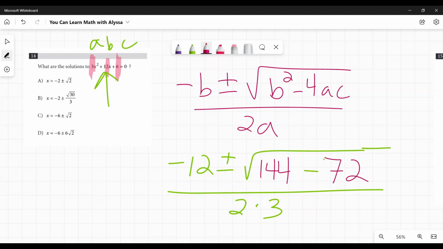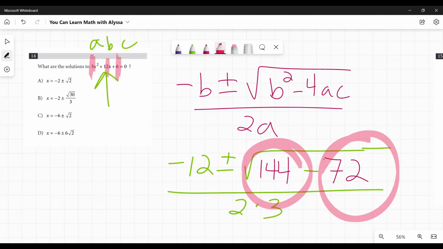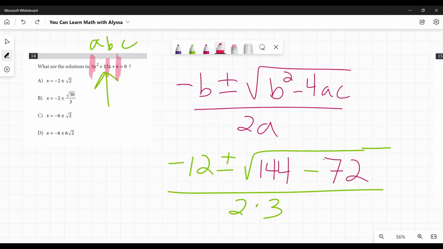Okay, so 144 minus 72. Since this is a little shortcut here, this is 12 times 12, and this is 12 times 6. So if you subtract them, it's going to be 12 times 6, because 12 times 6 times 2 would equal 12 times 12. So 144 minus 72 is 72, or 12 times 6.